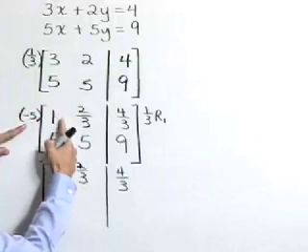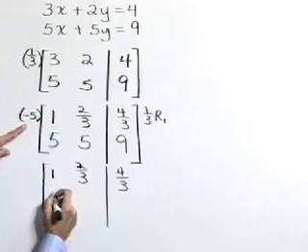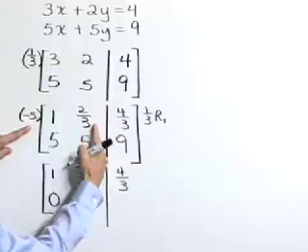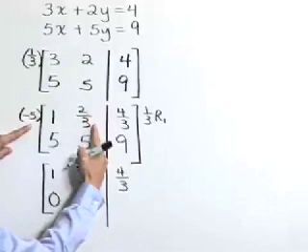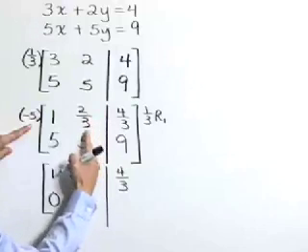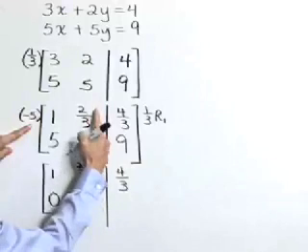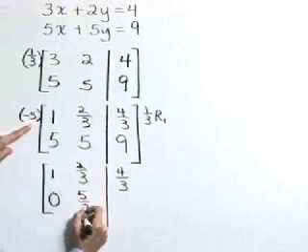So -5 times 1 is -5, plus 5 is 0. -5 times 2/3 is -10/3. And -10/3 plus 5, think of that as 15/3. -10/3 plus 15/3 is 5/3.